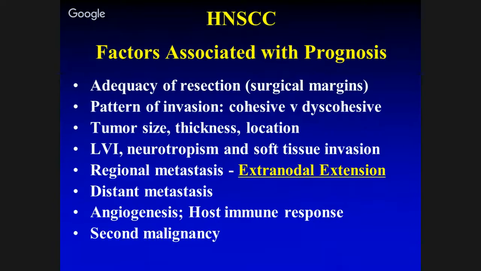Okay, so factors associated with prognosis. There are many things, but I just want to remind you, because I've seen not only here, but at Mount Sinai when I sat out with the residents, not necessarily the synoptic, but in the narrative, consistently, people don't comment on the presence or absence of extranodal extension, irrespective of the cancer type.